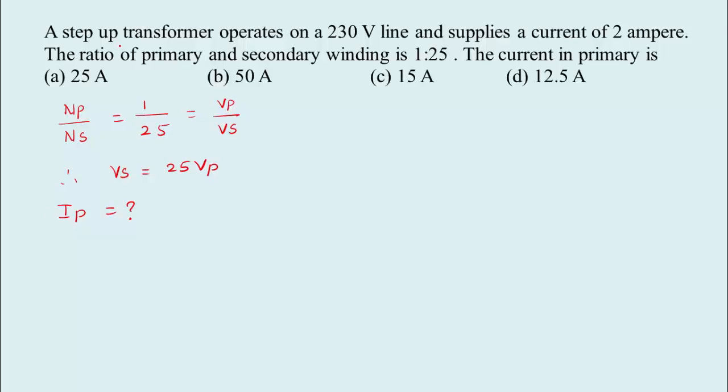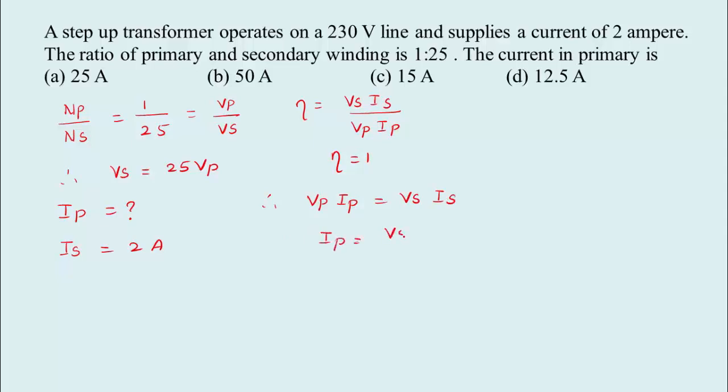In the step-up transformer, it supplies a current of 2 ampere, that is, current across secondary is 2 ampere. So we have the equation eta equal to VSIS divided by VP IP. For an ideal transformer, we get eta equal to 1. Therefore, VP IP equal to VSIS, or IP equal to VSIS divided by VP.